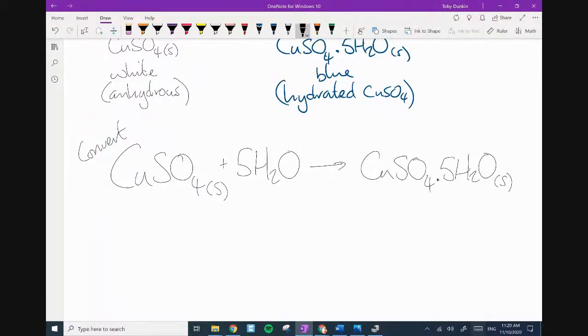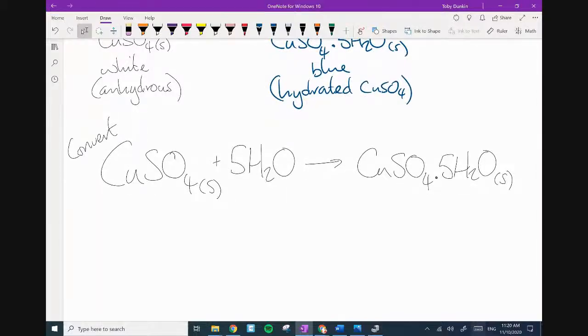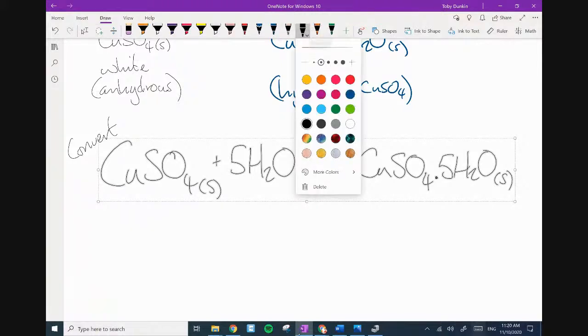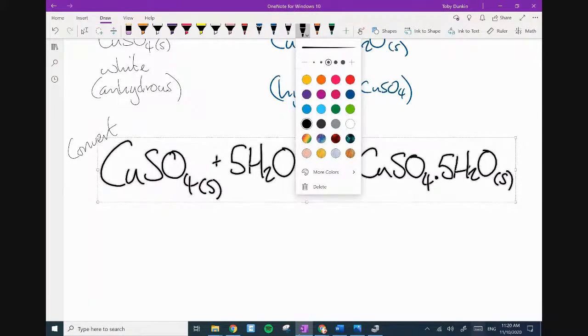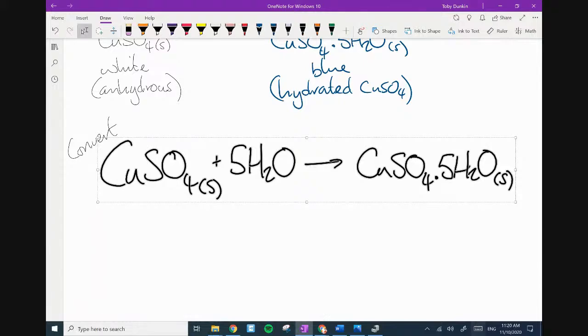Can anyone guess what the problem is in that practical? In reality, that isn't going to happen. Not at all. Would someone like to guess what part of the equation is incorrect?